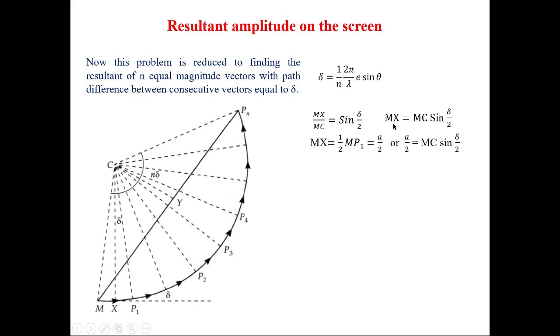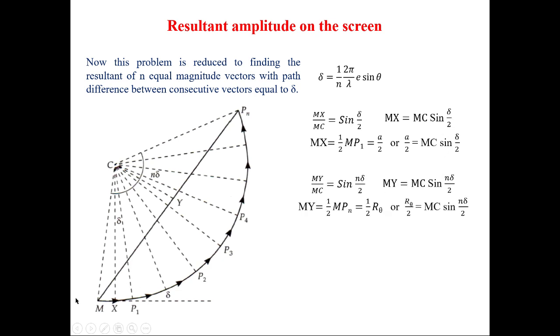By this we can find MX. MX is MC multiplied by sine of delta by 2. MX is A by 2, so this equation becomes A by 2 is equal to MC sine delta by 2.